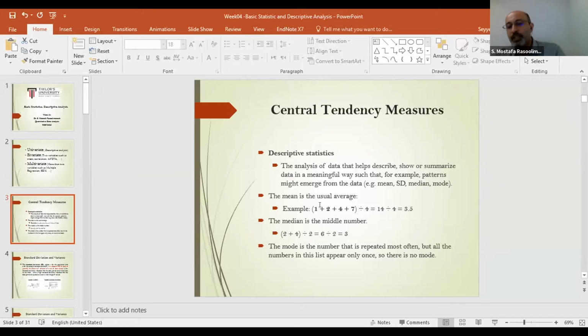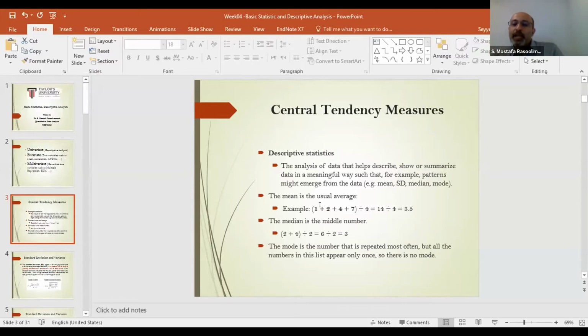For example, when you collect data from 400 respondents for measuring intention or satisfaction, you cannot understand the satisfaction of all these people by going through each case one by one.